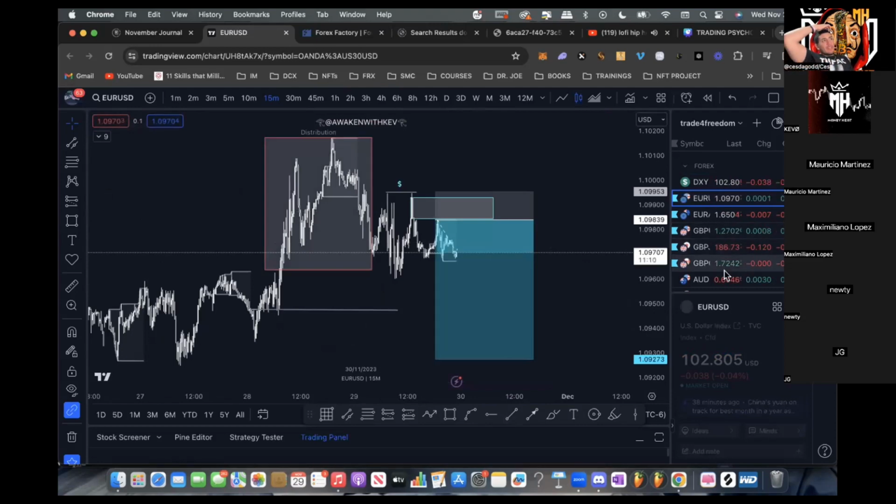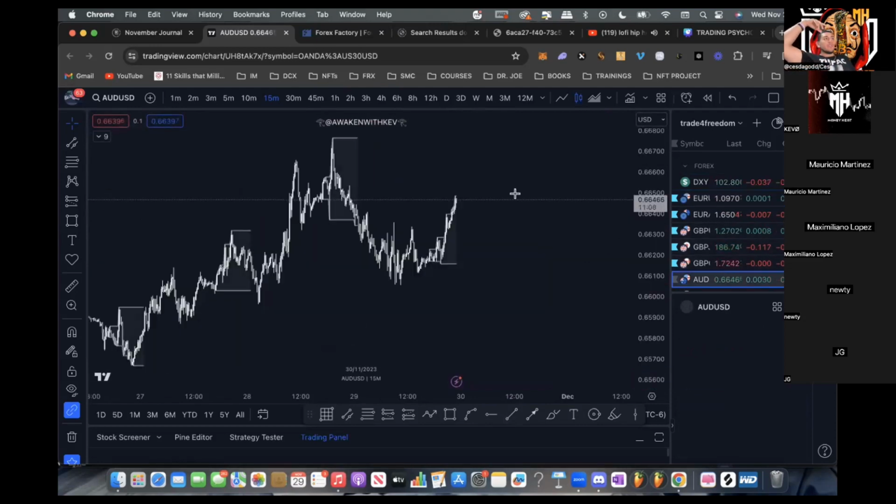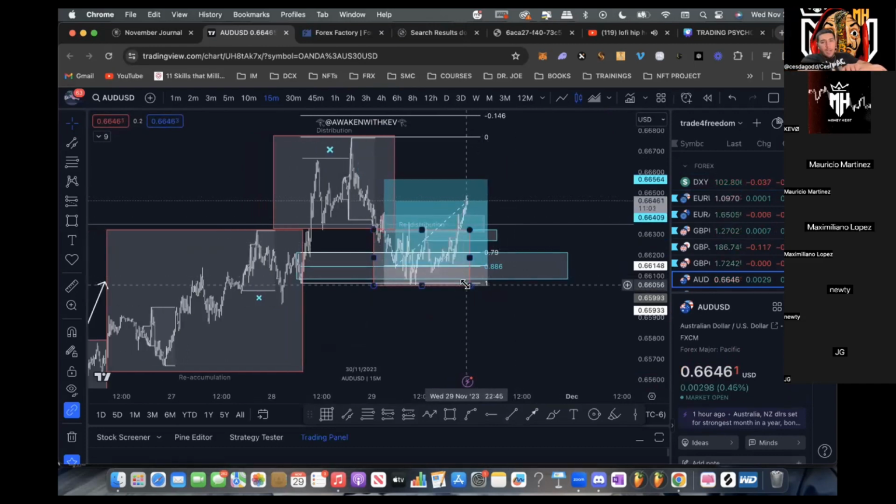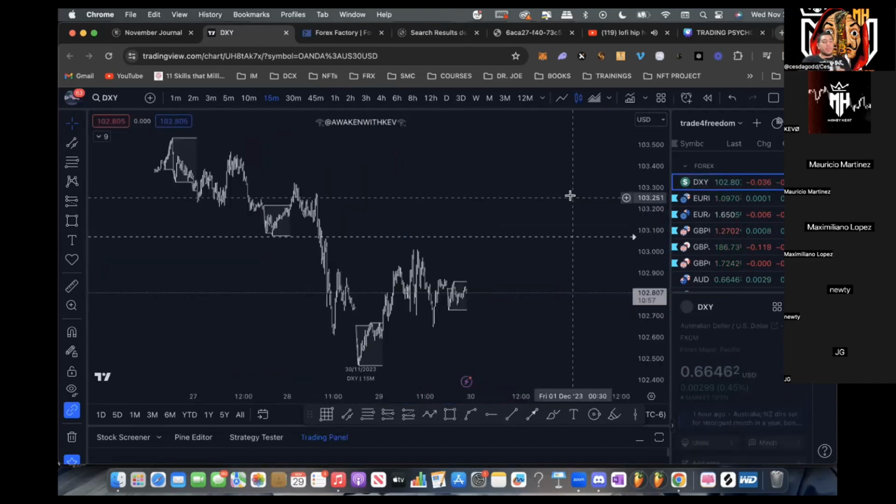Because technically, Wednesday reversal, if it doesn't happen then, maybe Thursday, would that help DXY run back up into that area you're looking at? Or are you only focused on that too much?